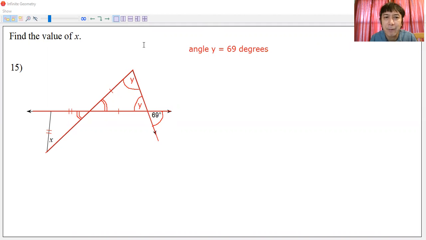And so we can look at the other side. This is x, and these two markings mean this is also x.